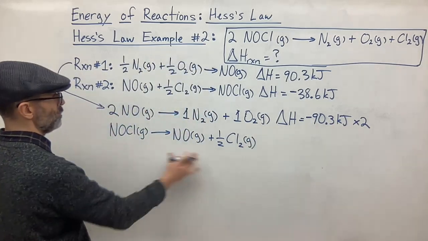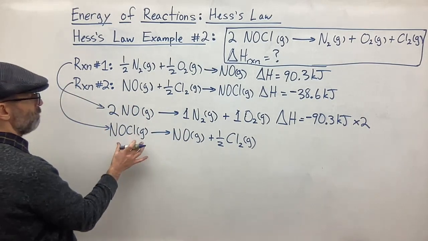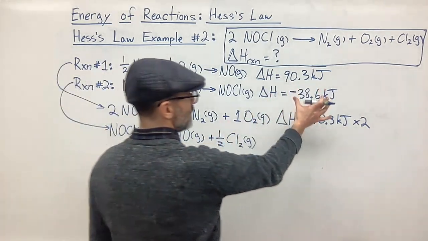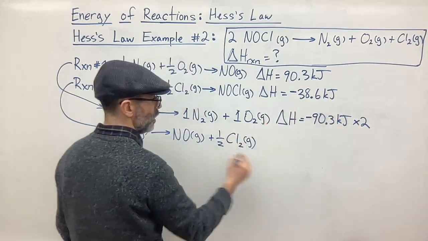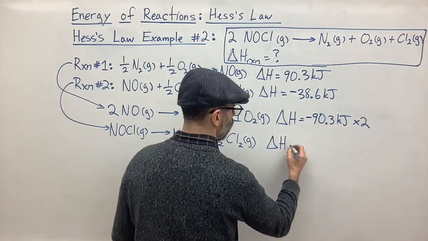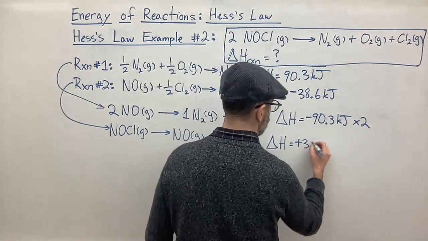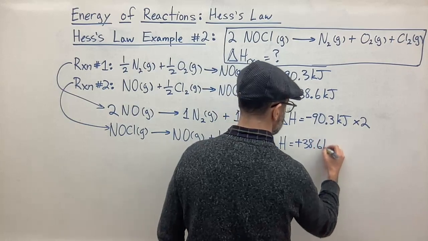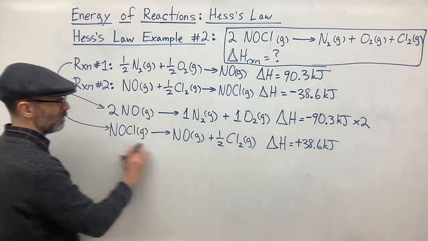Okay, so we reversed the reaction. So this is going down here. We reversed it, so now we're going to have to take the opposite sign here. This is a negative 38.6 kilojoules. So the delta H of this new reaction is going to be equal to the positive value of that. So positive 38.6 kilojoules.